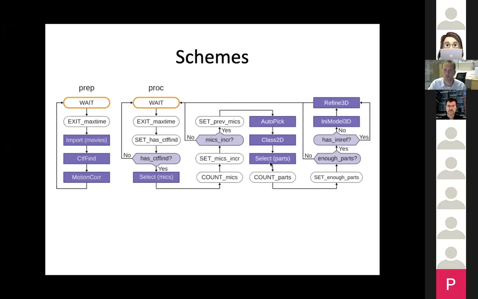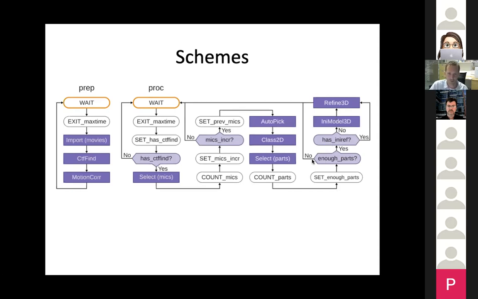And you'll then do this auto selection of the particles using Lee's approach. You then count how many particles you have. And if a certain minimum has been obtained, then either you've provided an initial model, in which case you just do straight Refine3D, or if you don't have an initial model yet, because this is the first time you're here and you haven't provided one in the initial GUI, then it will do initial model generation for you, which now also works using the VDAM algorithm from DARI rather than the SGD approach that we had before.